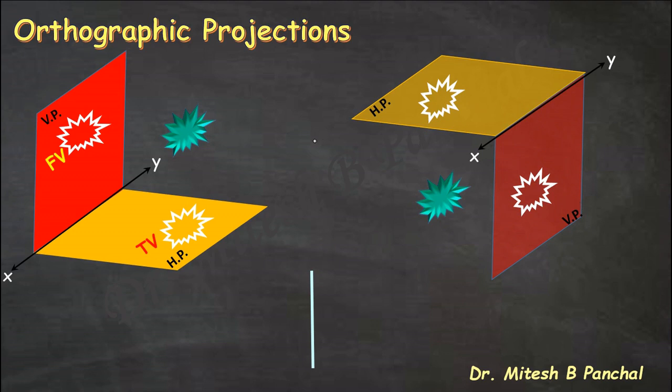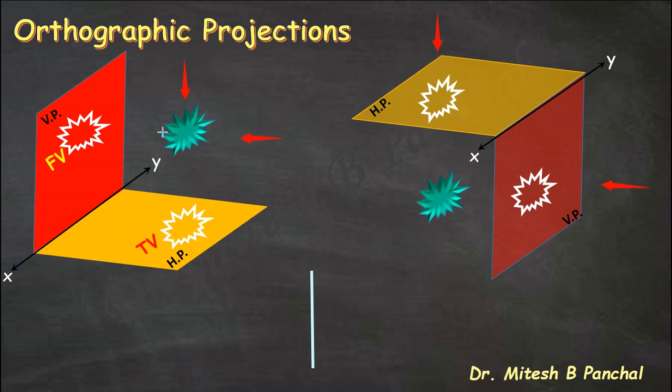Now we will see the difference. Here the viewing direction for the front view as well as top view is like this for the first angle, and for the third angle, viewing direction for the front view is this, and for the top view is this.